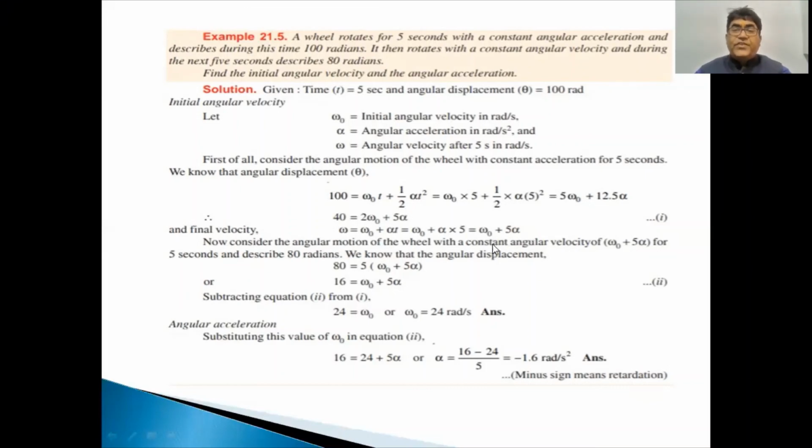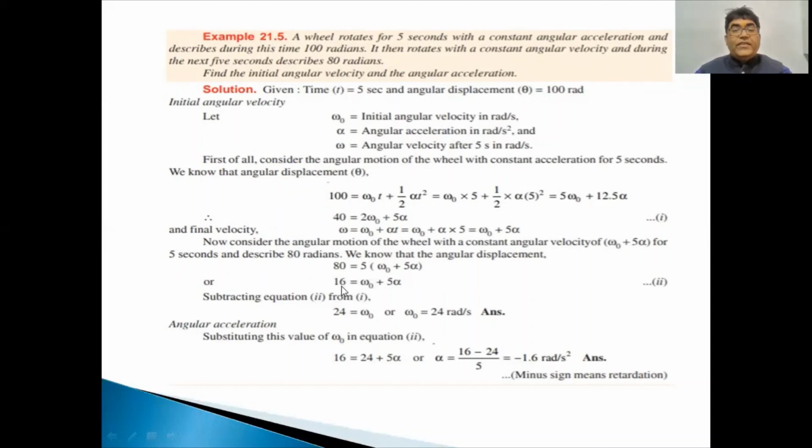Now, substituting the value of omega here, considering the angular motion of the wheel with the constant angular velocity of omega 0 plus 5 alpha for 5 seconds and describes 80 radians, we know that the angular displacement here is 80 is equal to 5 into omega 0 plus 5 alpha. Okay.